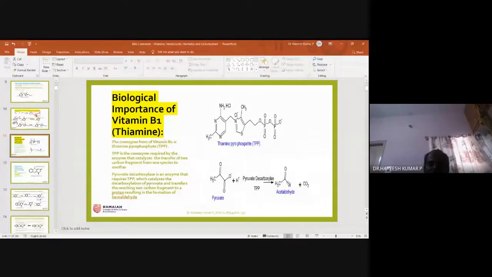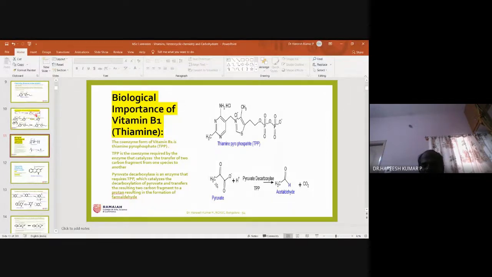One more question can be framed based on this. What is the fate of pyruvate when it is treated with the enzyme called pyruvate decarboxylase and TPP?